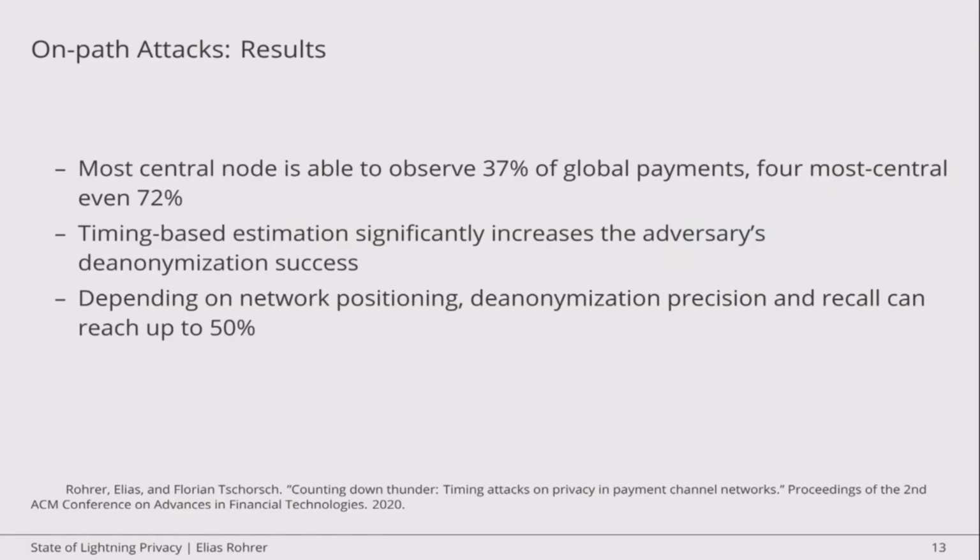We could also show that this timing-based approach significantly increases the adversary's chances of de-anonymizing senders and receivers, and that of course also depended heavily on where they are positioned in the network.